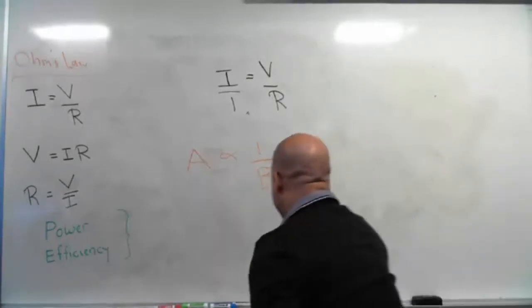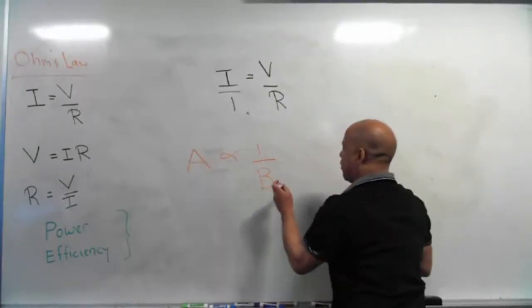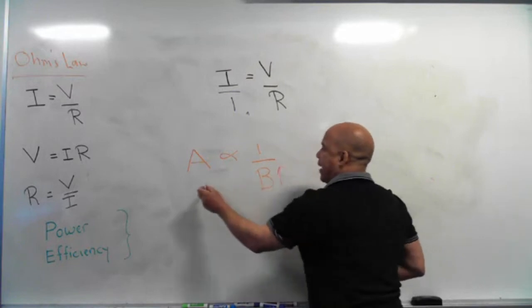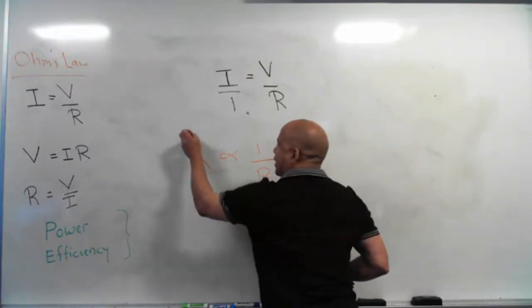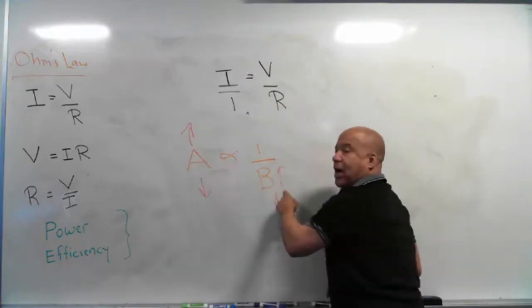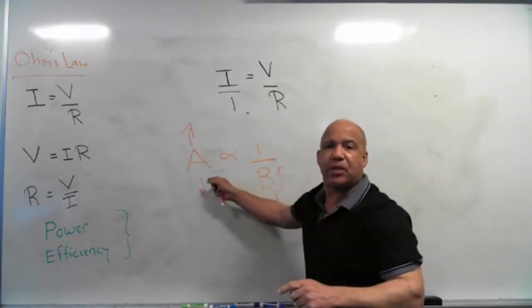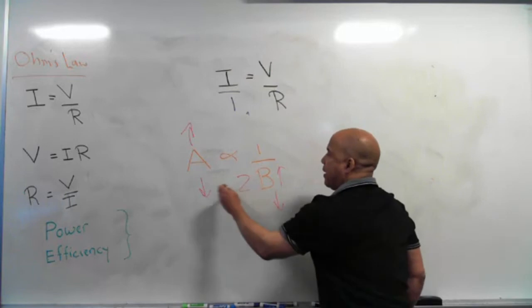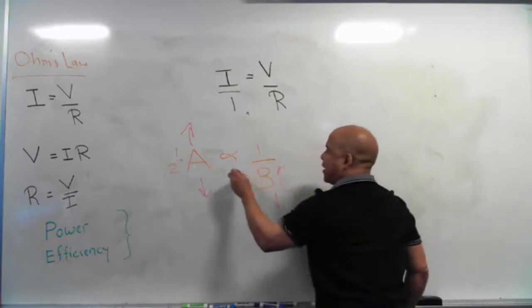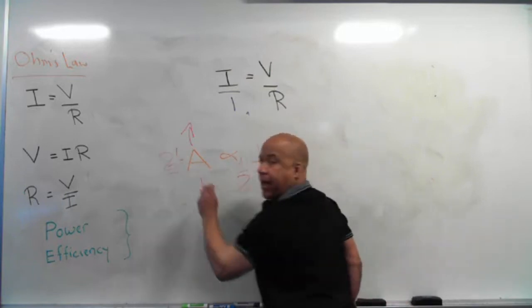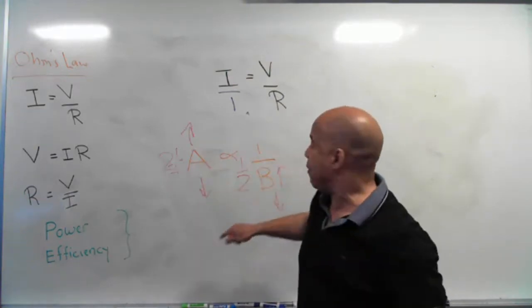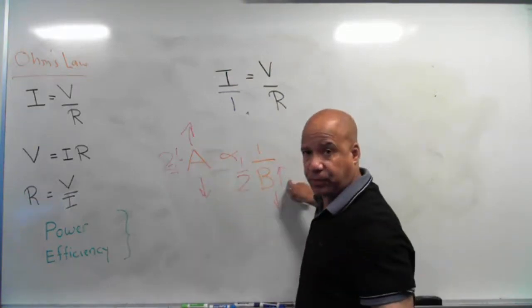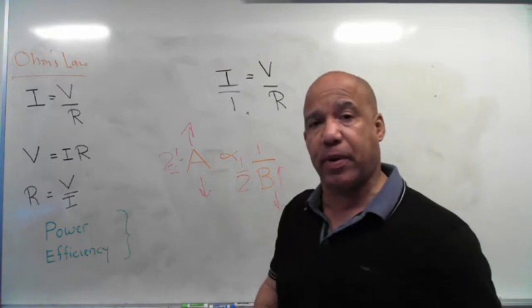If I lower B, A is going to raise. Whenever I do the one, the opposite happens to the other. If I double B, I cut A in half; if I cut B in half, I double A. I say that A is inversely proportional to B.